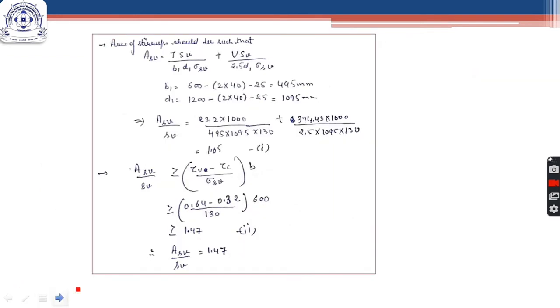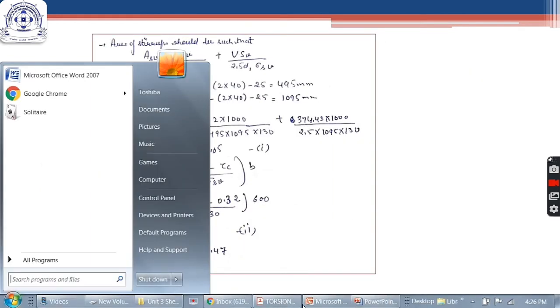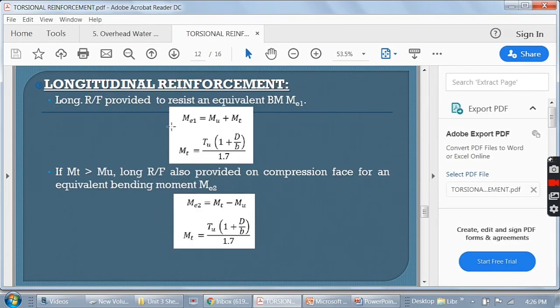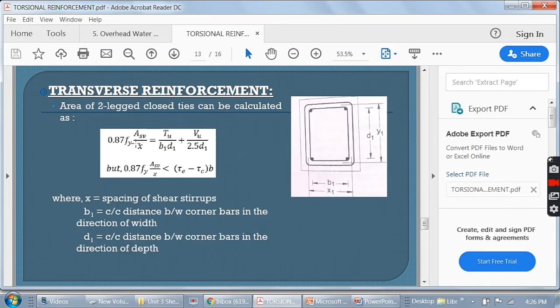So the area of shear reinforcement is calculated in this way. The area of shear reinforcement is such that Asv should be equal to T upon B1 D1 into x plus V upon 2.5 D1 into x, okay, where x is the spacing of the shear stirrups, and 0.87 Fy is basically the shear strength or the strength of the material of the reinforcement.